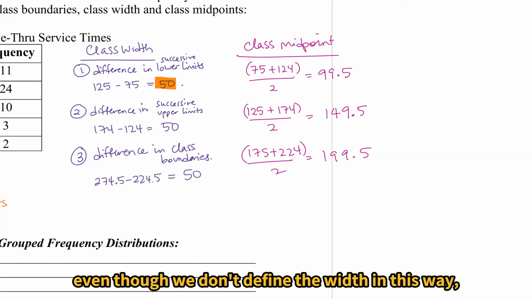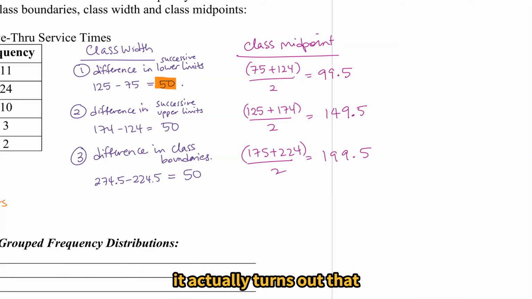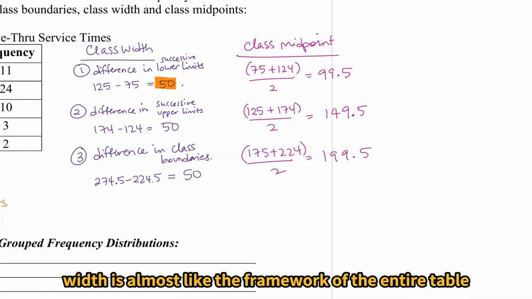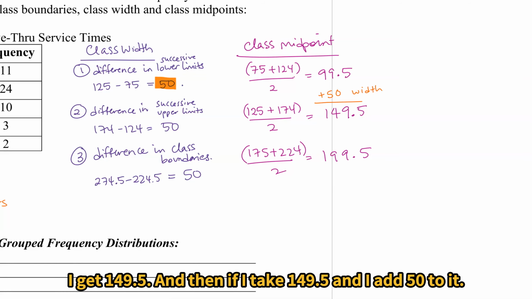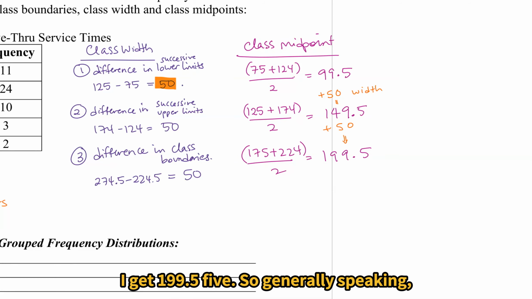Even though we don't define the width in this way, it actually turns out that width is almost like the framework of the entire table. Because if I take 99.5 and I add the width to it, I get 149.5. And then if I take 149.5 and I add 50 to it, I get 199.5.